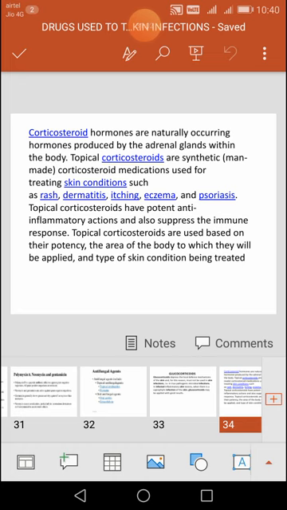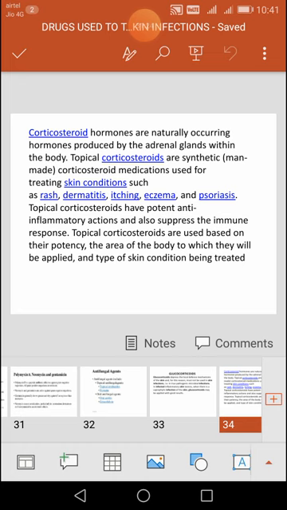Corticosteroids are naturally occurring hormones produced by the adrenal glands within the body. So already our body produces these corticosteroids. Topical corticosteroids are synthetic corticosteroid medications, and they are used to treat skin conditions like rashes, dermatitis, itching, eczema, and psoriasis.